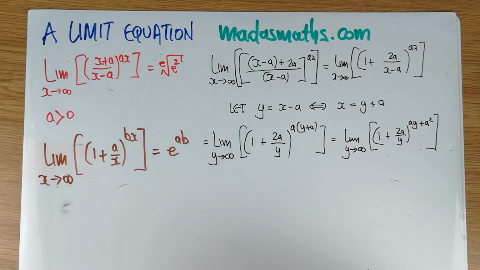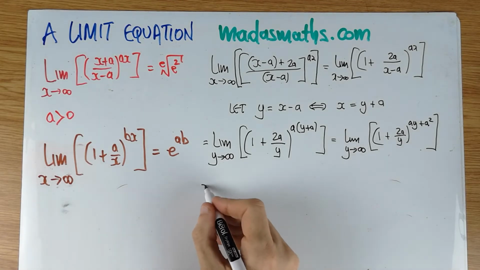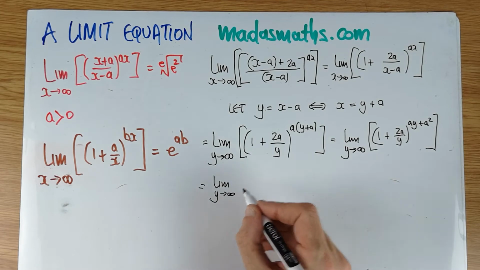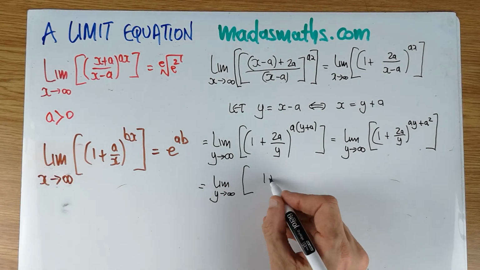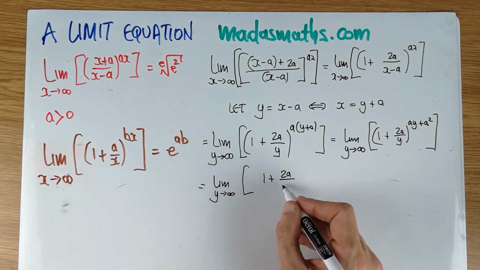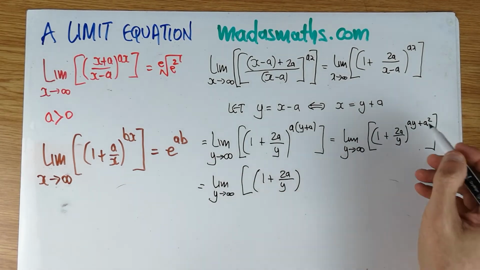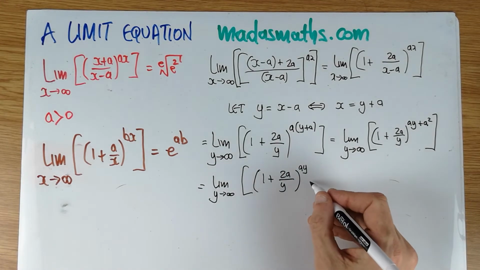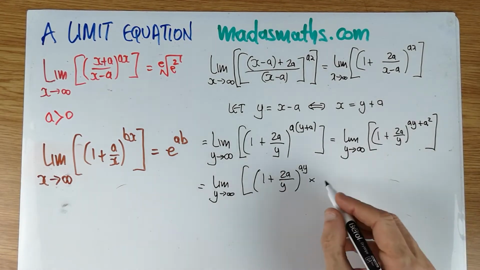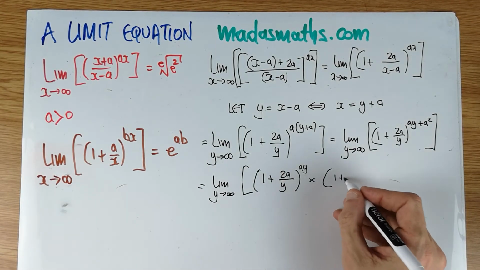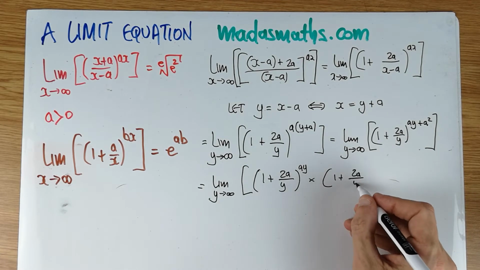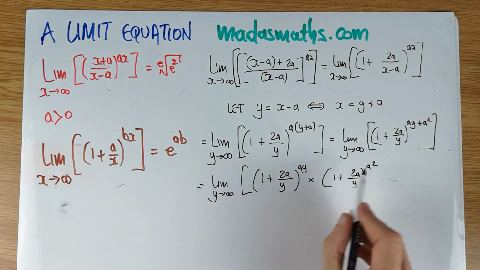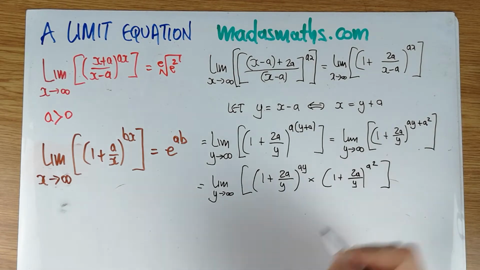First of all, using the rules of indices, we can actually write this as 1 plus 2a over y to the power of ay, and then times, let me just write it down and then you can look at it, to the a squared. Same base, you'll add the exponents.